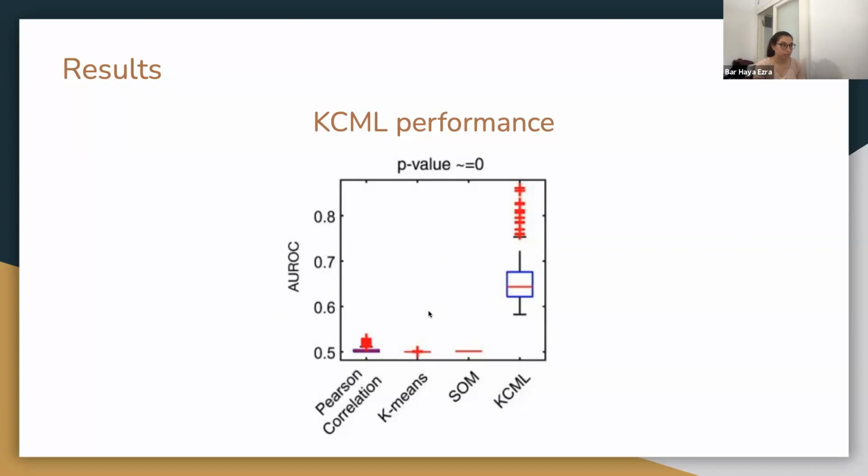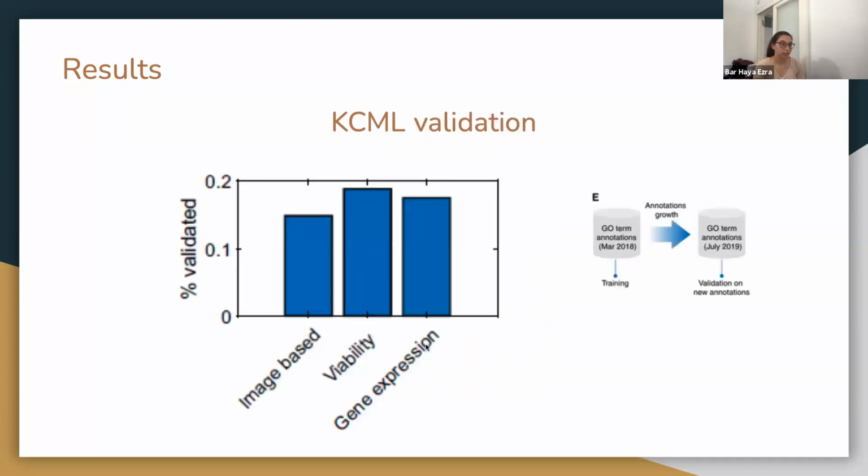Something nice that they did in this paper is how they validated the framework. They first downloaded UniProt annotations up until March 2018 as their training set. Then they downloaded annotations from March 2018 until July 2019 as the validation set.